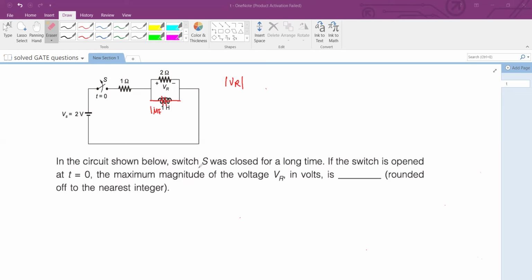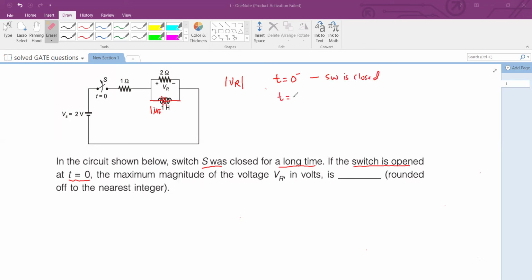The problem reads like this. In the circuit shown, the switch S was closed for a long time. So we are talking about the time t equal to 0 minus, because at t equal to 0, the problem says the switch gets opened.